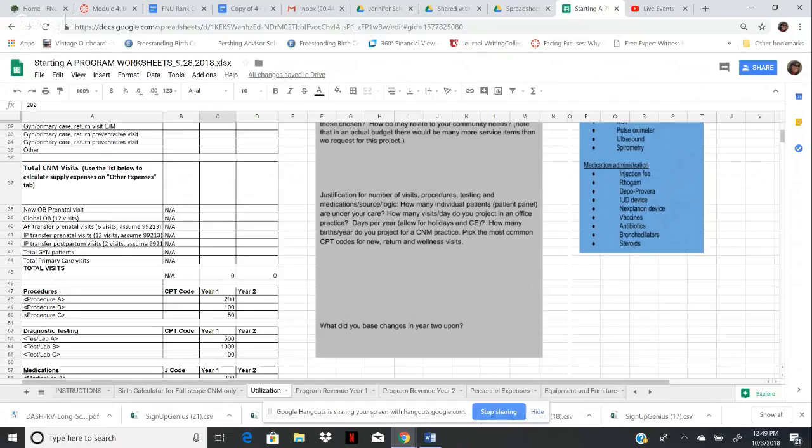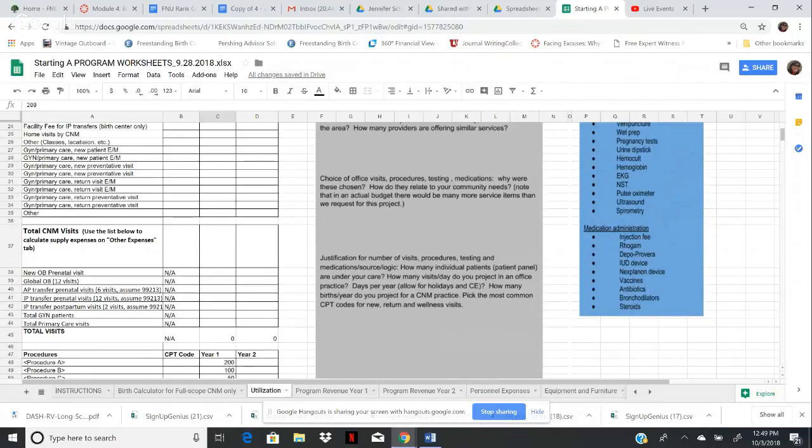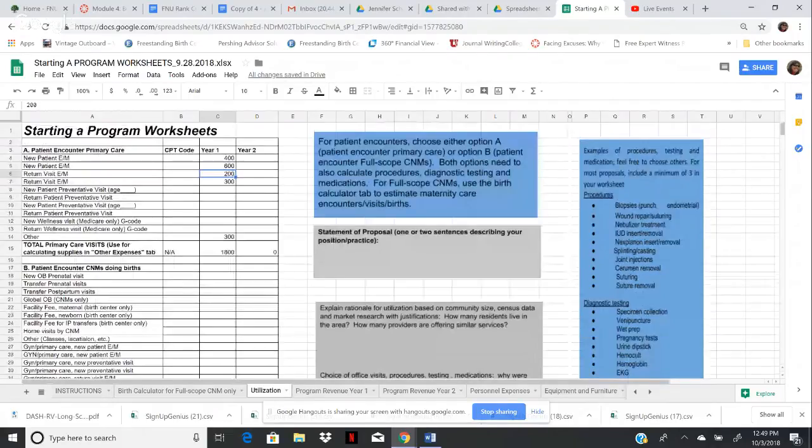How did you decide to project a certain percentage increase in your numbers in year 2? Now, for this demonstration, I have only filled in year 1, not year 2, just so we can move through this a little more quickly. The other thing that I have not done that you will need to do is to research your CPT codes for your different kinds of visits and populate that in this column here.